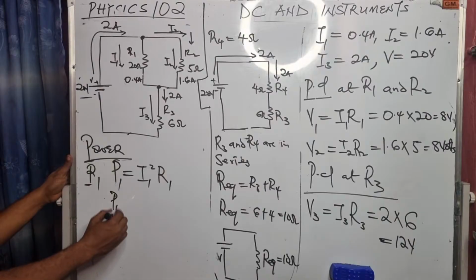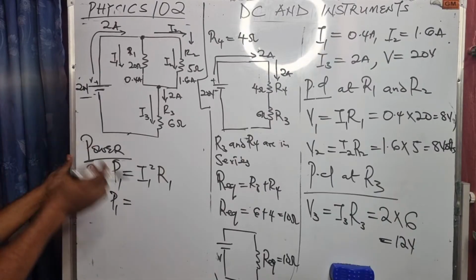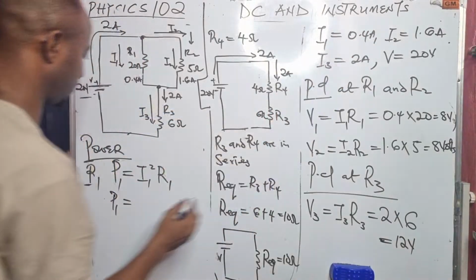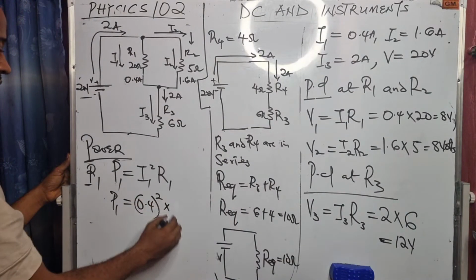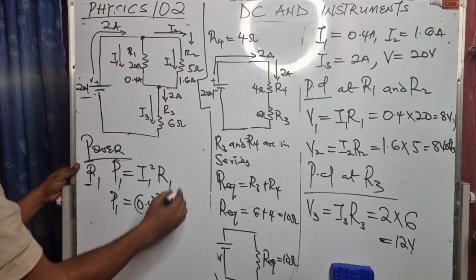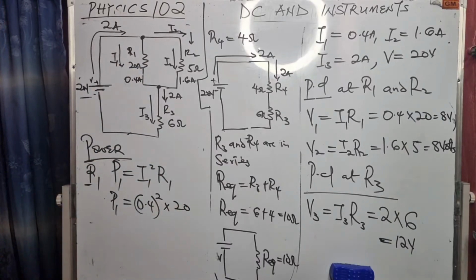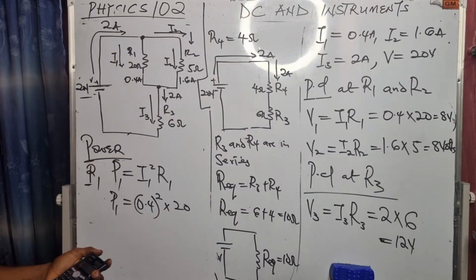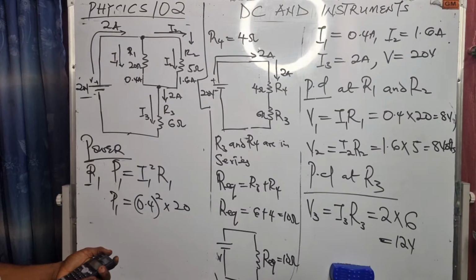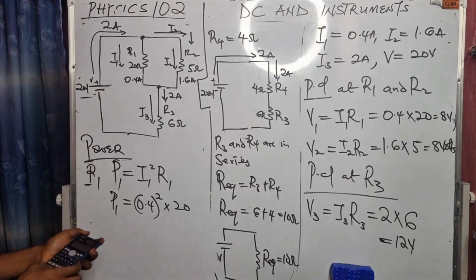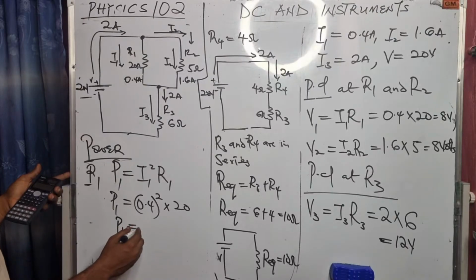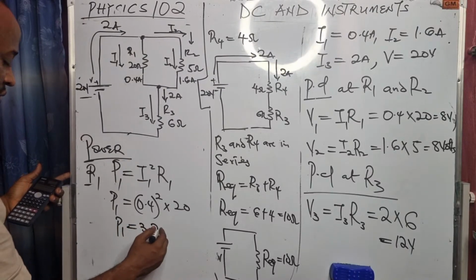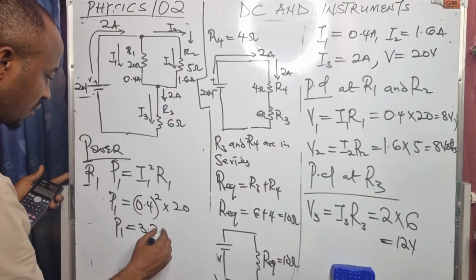Our I1 is 0.4, so 0.4 all squared times R1, which is 20. Let's verify. 0.4 times 0.4 is 0.16, times 20. Here we have 3.2. Our P1 here is 3.2 watts.